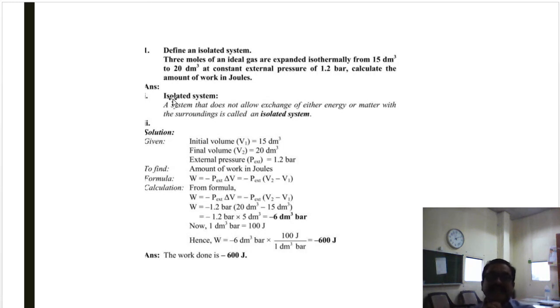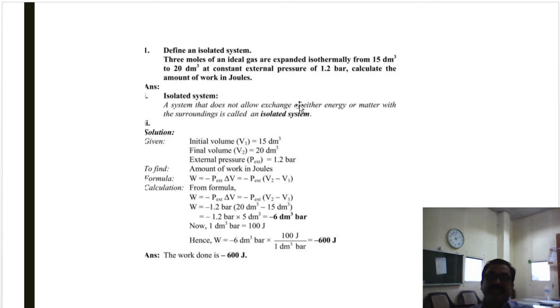गिवन काय काय दिले आपल्याला: 3 moles of an ideal gas, that is n is equal to 3, expands isothermally, V1 15 decimeter cube, V2 20 decimeter cube. प्रेशरची व्हॅल्यू सुद्धा आपल्याला दिली की external pressure is equal to 1.2 bar. प्रॉब्लेम एकदा नीट वाचायचा आहे. प्रॉब्लेम पहिल्यांदा वाचला की डाटा आपल्याला काय काय दिलाय ते व्यवस्थित येतं. एक्सपान्शन झालं 15 to 20 decimeter cube.